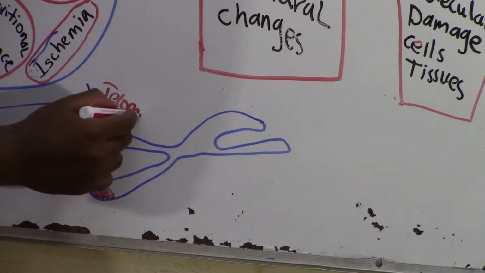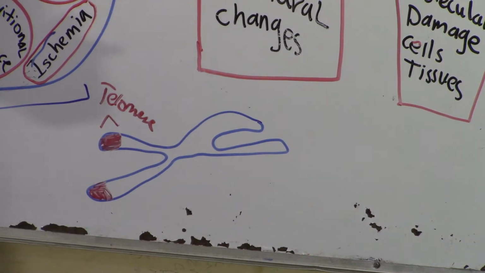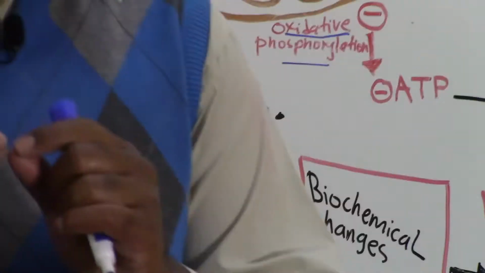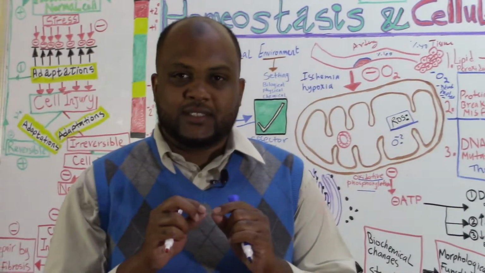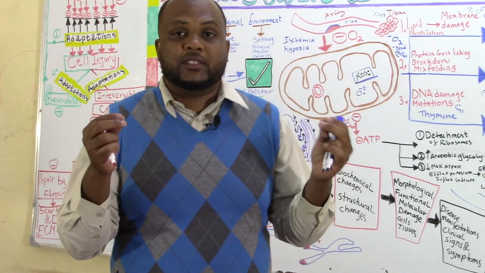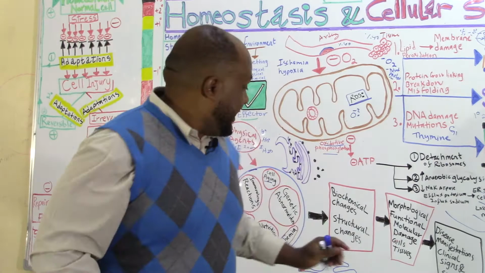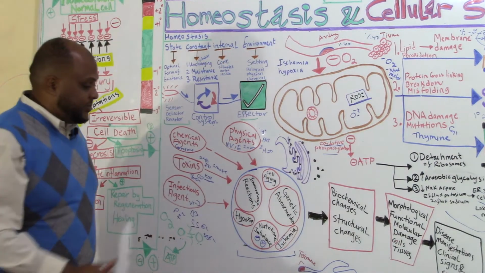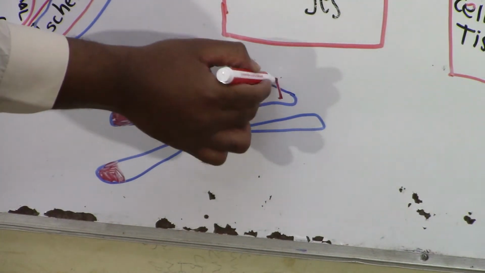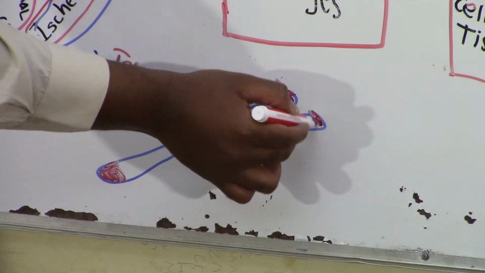The telomere at the end of our chromosomes is very similar to the plastic pieces at the end of shoelaces. They protect the shoelaces from deterioration. And the same thing during the process of replication: these telomeres protect the ends of the chromosomes from degradation.